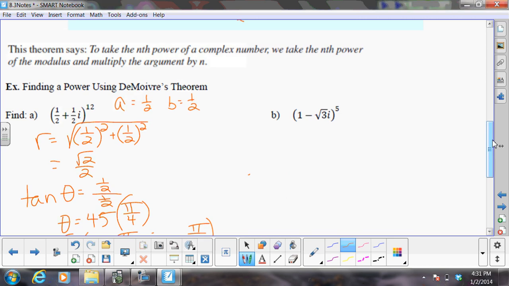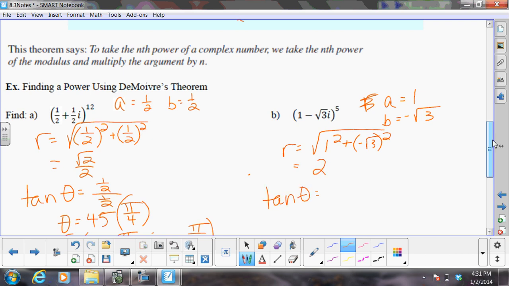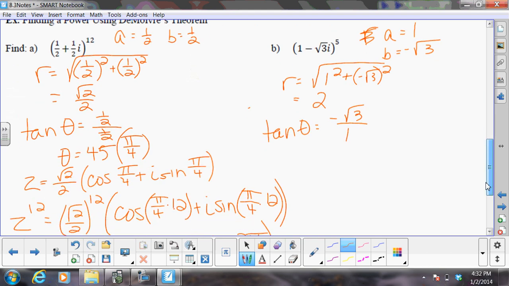For part B, we need r. A is 1. B is negative radical 3. So r is equal to the square root of 1 squared plus negative radical 3 squared. Tan theta is negative radical 3 over 1, which is just negative radical 3, which means we are in quad 2.